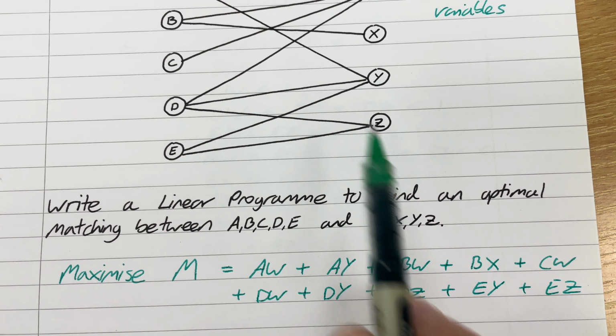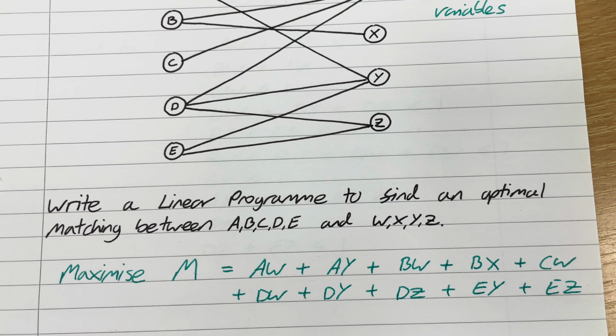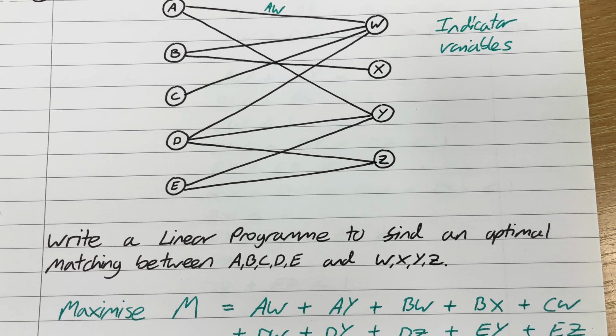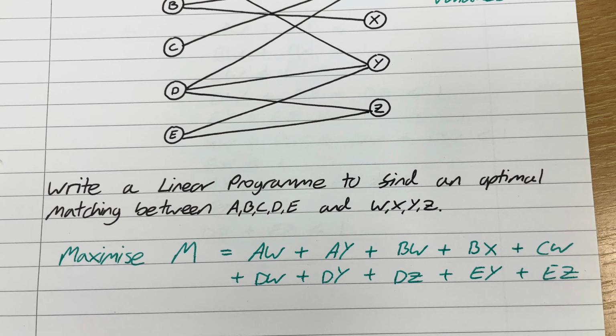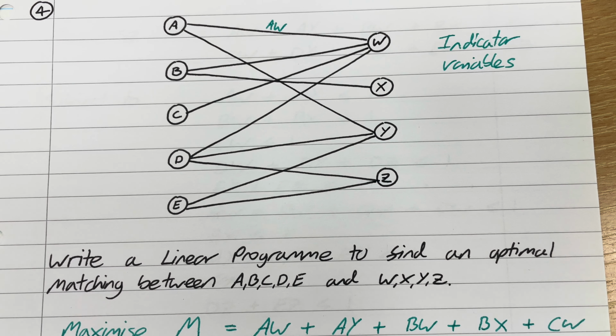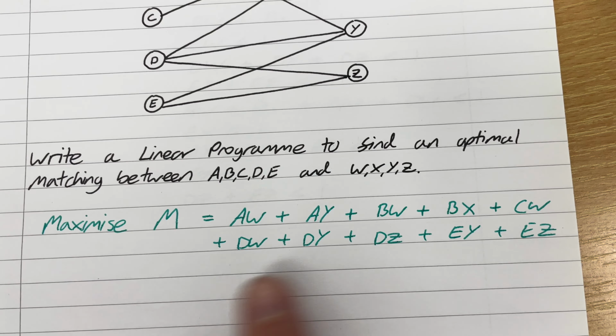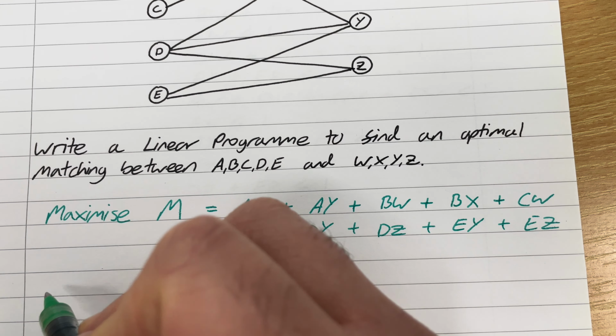Okay, so we have 10 arcs, and each arc has been assigned an indicator variable. Okay, so that's my objective function, and that'll be true for whatever original bipartite graph you start with. It's just to maximize the sum of all the variables.